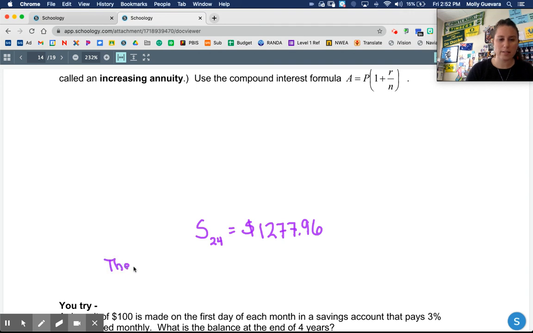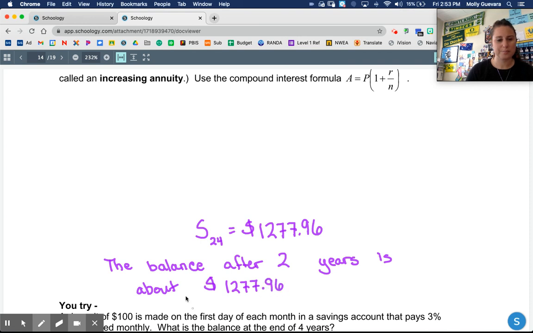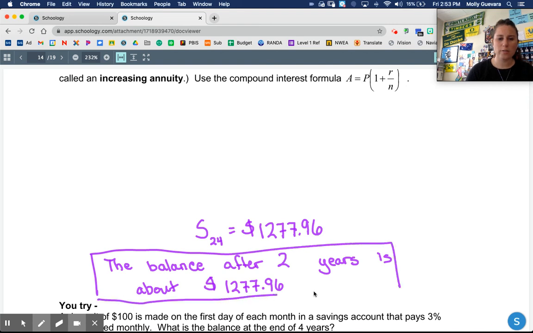So the balance after 2 years is about $1,277.96. And that's what we're looking for. So 1,200 of those dollars are the $50 that you put in, but the $77.96 are what you've earned in interest over 2 years.